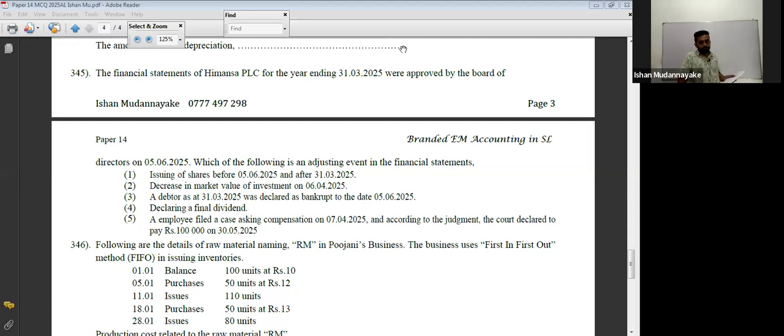Some of the events we can adjust for the financial statements, but some of the events we can't adjust. Non-adjusting events.